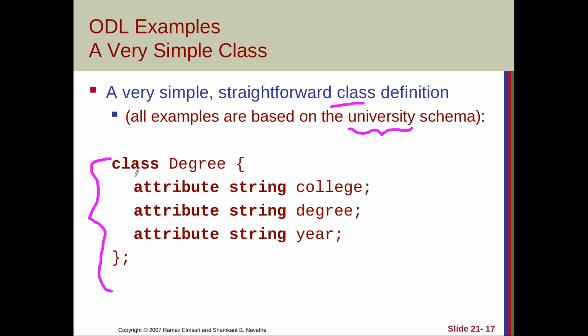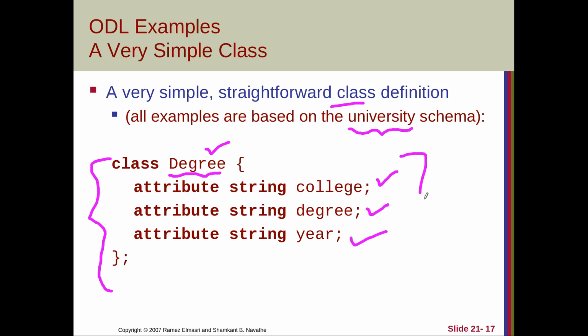The syntax will be like class name, which is similar to the class creation in any object oriented language like C++. So here we are creating a class called degree, then an opening curly bracket. Under that we are defining various attributes.